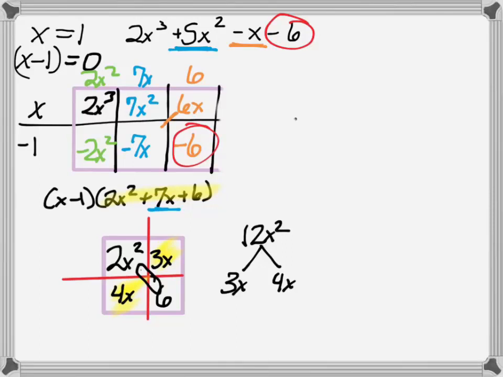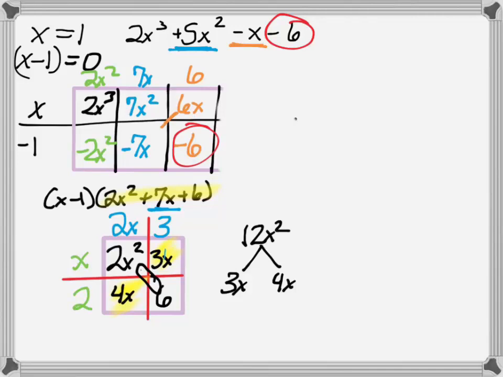So if I factor out my first column, what can divide into both pieces? What can divide into both pieces of my second column? 3. On my first row, 2x, not 2x, 1x. And my last row.